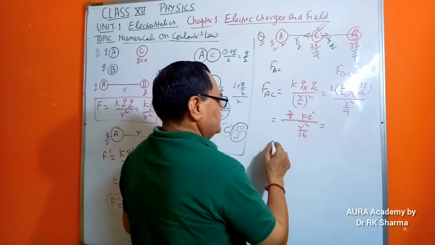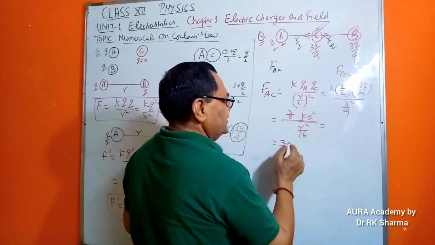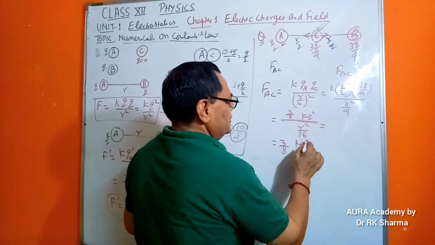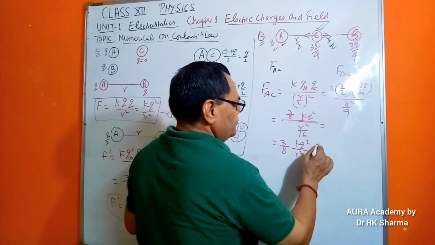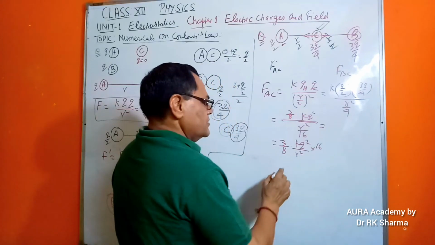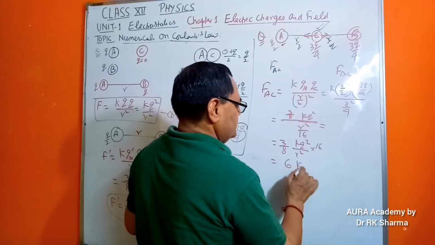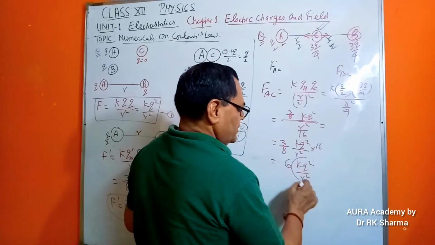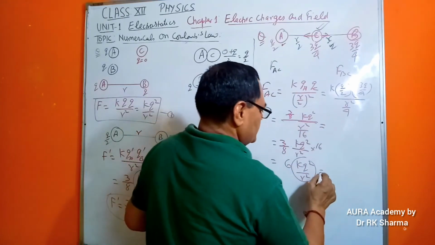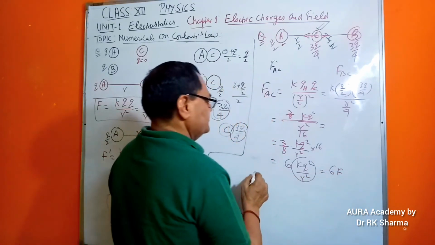So now simplify, 3 by 8 is already there, now k q square upon r square and 16 will move up, clear? So it becomes 6 kq square upon r square, and this is the original force, so therefore 6 of F.